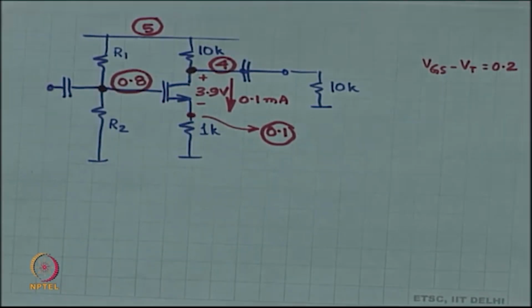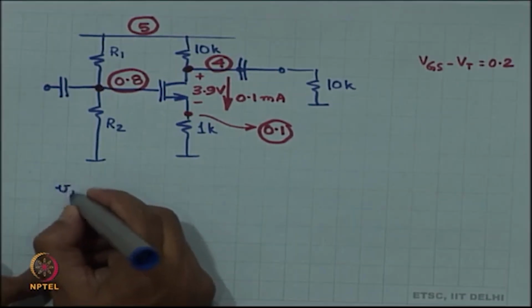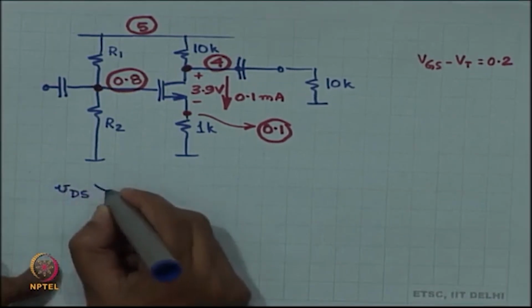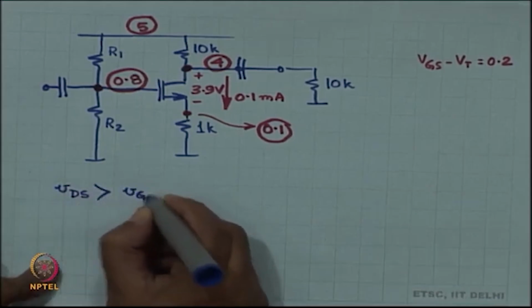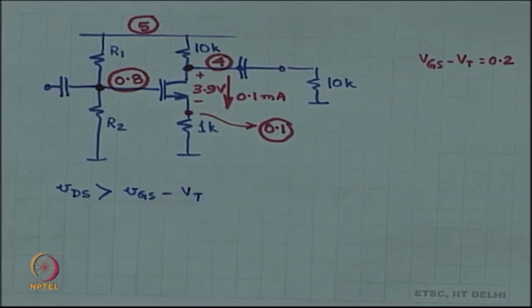But whatever happens, you want the device to be in its flat region, which means that VDS must be greater than VGS minus VT at all times.